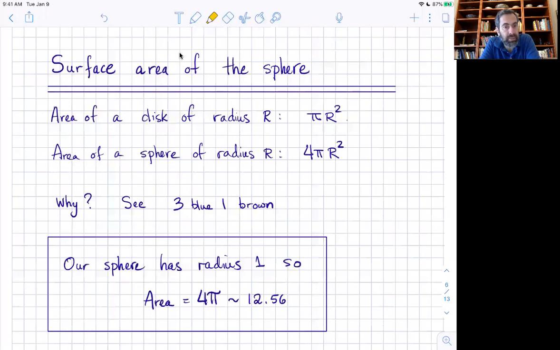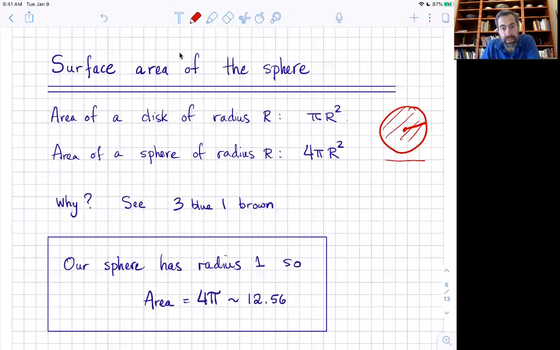Here are some things we know about area. If you have a disk in the plane of radius r, just a regular disk in the plane, then this is a great theorem in mathematics, that the area of that disk is equal to pi times the square of the radius. I'm not going to talk about that today. That's also an interesting fact.